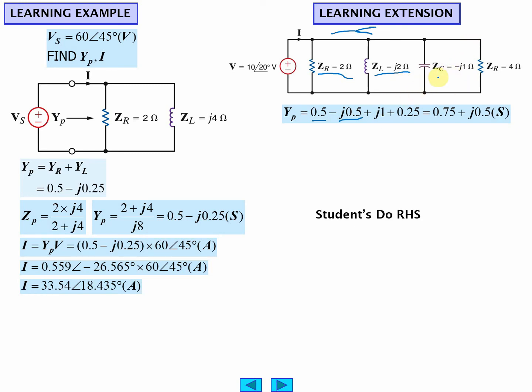The admittance of this guy is negative J, because when you take the reciprocal of J, you get a negative J. That can be found if you just multiply J by top and bottom. J times J is -1, J times 1 is J. So the reciprocal of the imaginary constant is the negative imaginary constant.